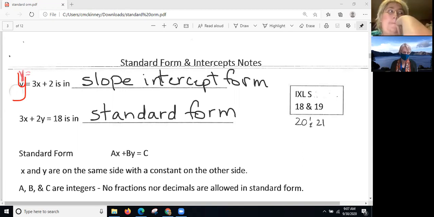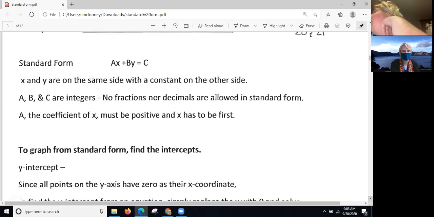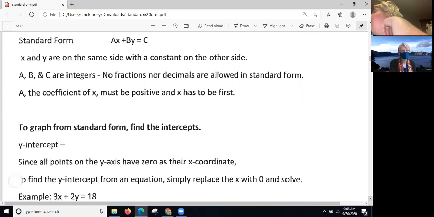And standard form is a bit on the picky side. Not only do x and y have to be on the same side, the coefficients of x, y, and the constant are all going to be integers. So no fractions, no decimals, they're not allowed in standard form.